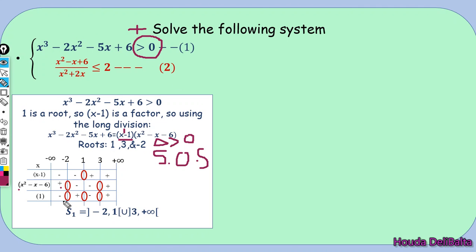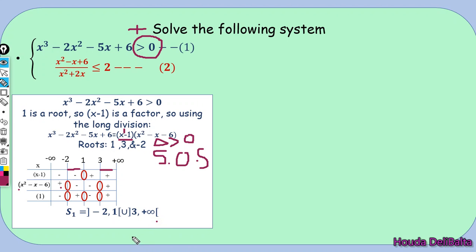Then we search for this part and this part. So the solution is the interval -2, 1 open both, and 3 plus infinity. Why is it open at the numbers? Because we don't have or equal, but at infinity the interval is always open.